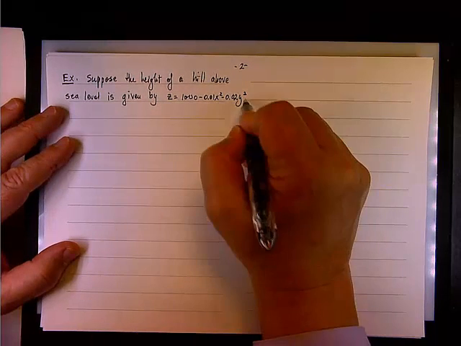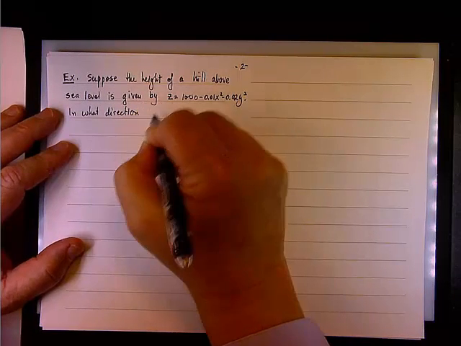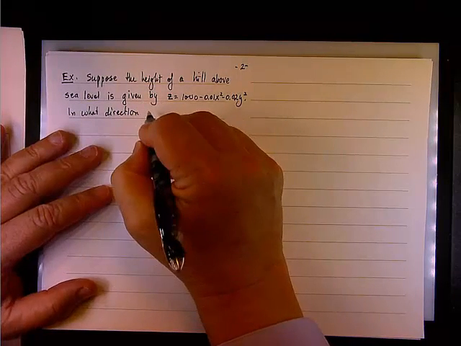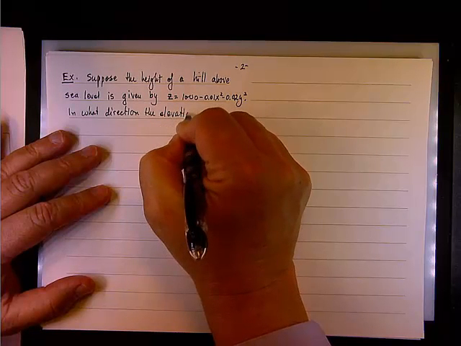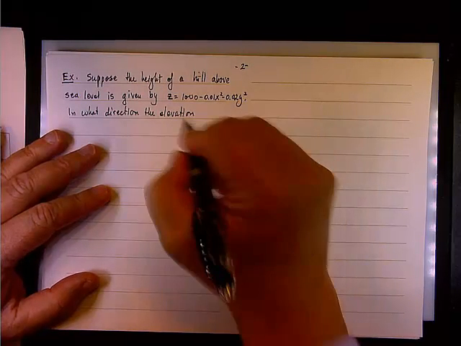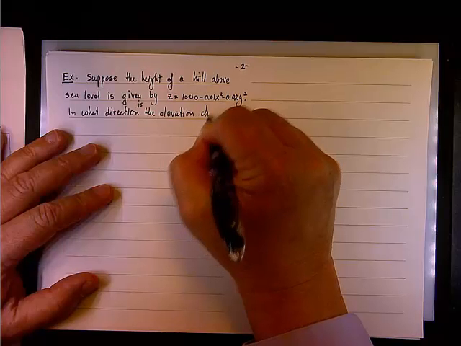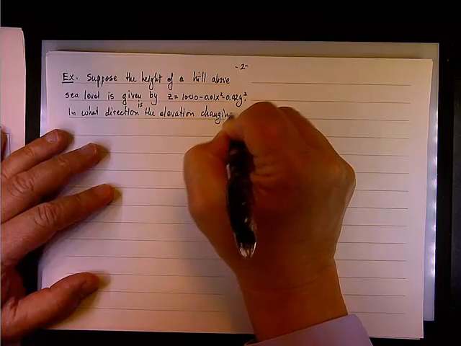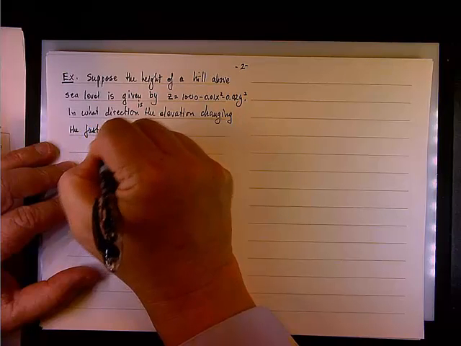By the way, what is the shape here? The question is, in what direction is the elevation changing fastest?